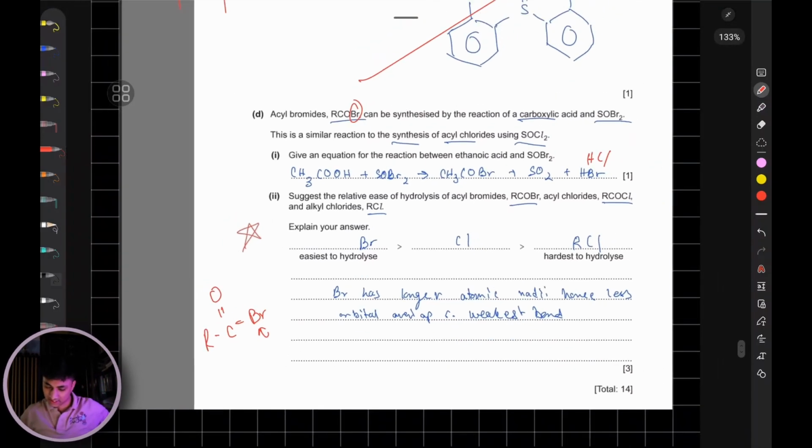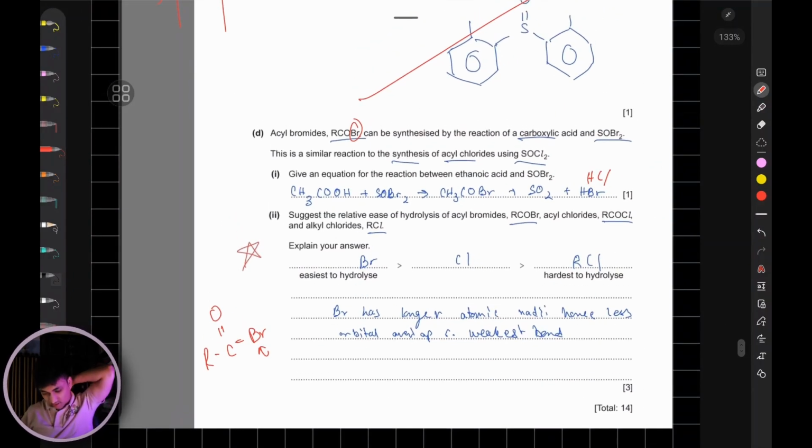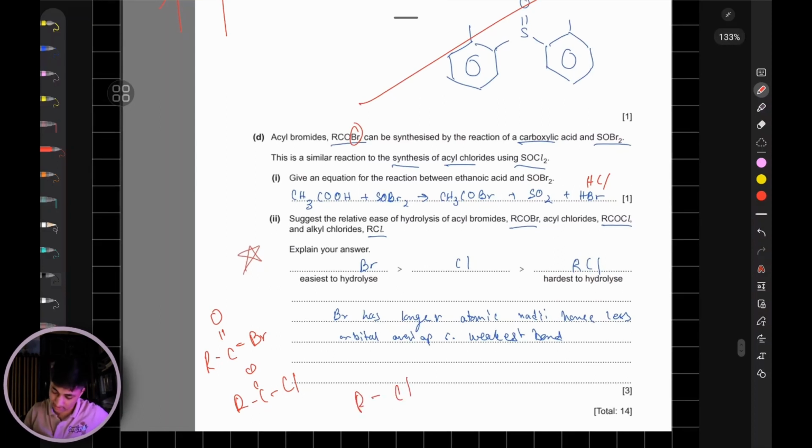And next, part 2 suggests the relative ease of hydrolysis of acyl bromide, acyl chloride, and alkyl chloride, RCl, which is going to be easier to hydrolyze.